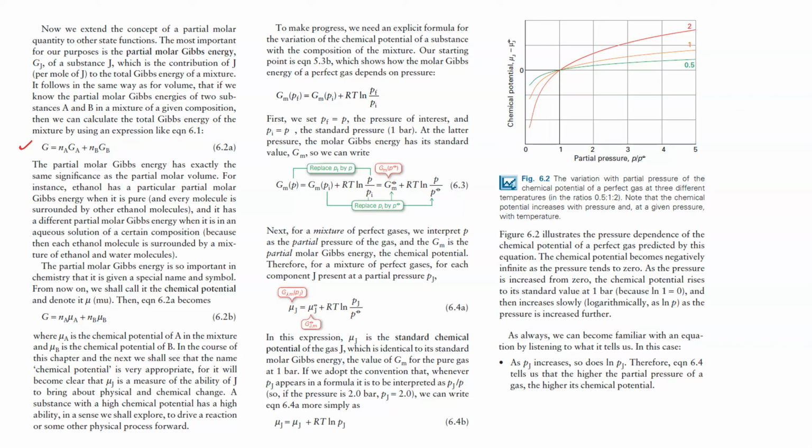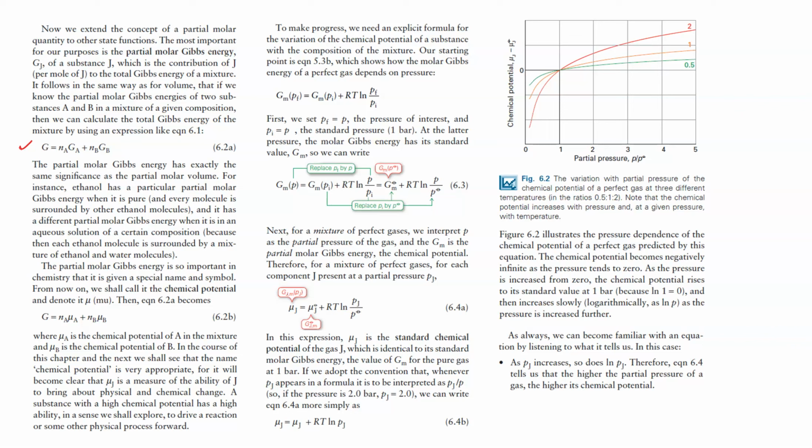For instance, ethanol has a particular partial molar Gibbs energy when it's pure, and every molecule is surrounded by other ethanol molecules, and it has a different partial molar Gibbs energy when it's in an aqueous solution of a certain composition, because then each ethanol molecule is surrounded by a mixture of ethanol and water molecules, and therefore has a different inherent Gibbs energy because of its surroundings and the interactions with those surroundings.